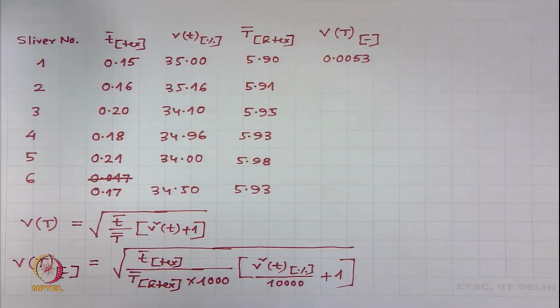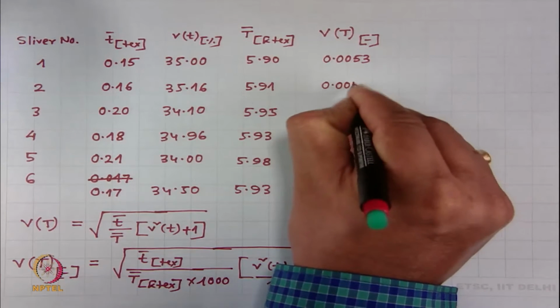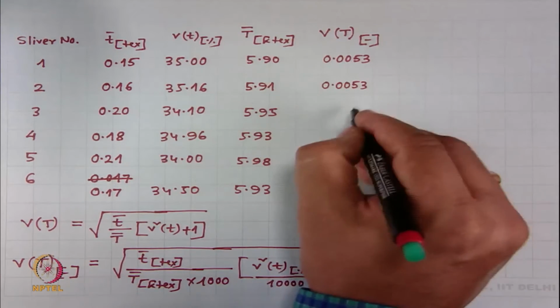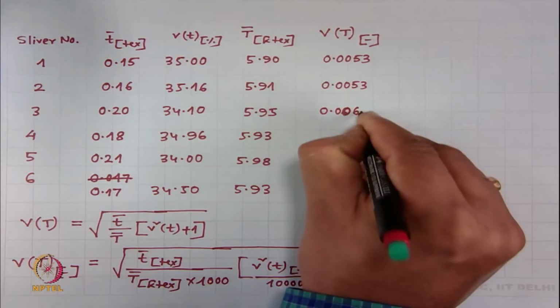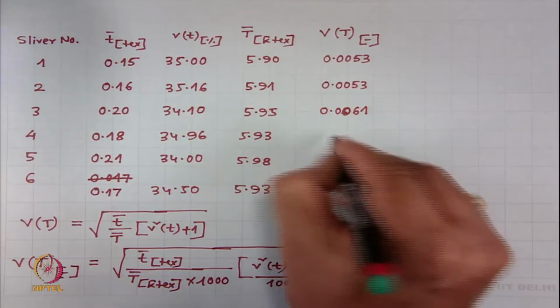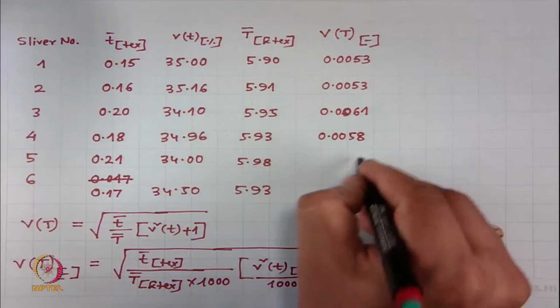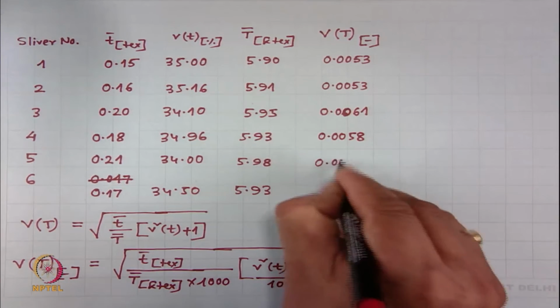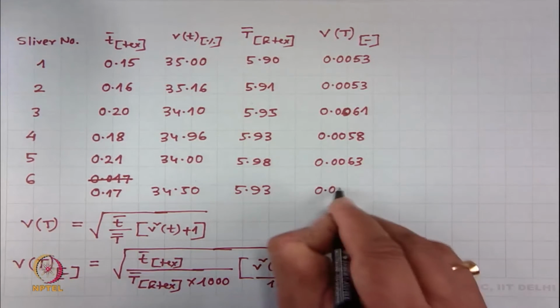Similarly, for the next ones you will get roughly the same readings: 0.0053, then 0.0061, then 0.0058, then 0.0063, and the last one you will get this.